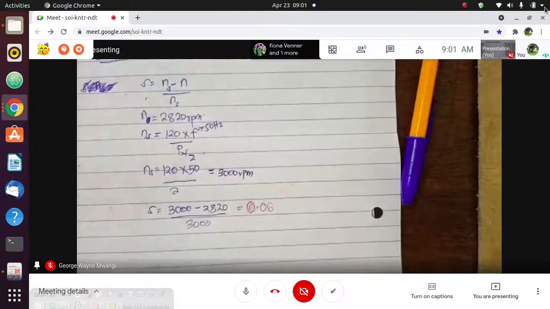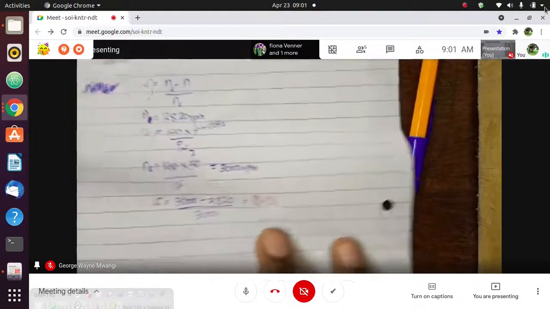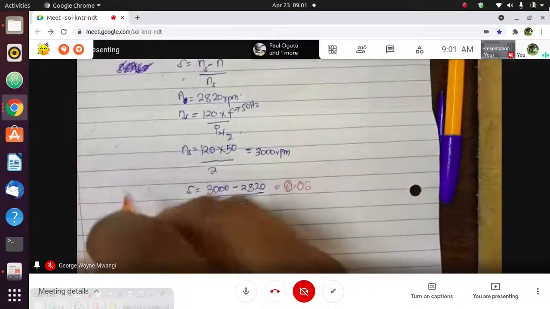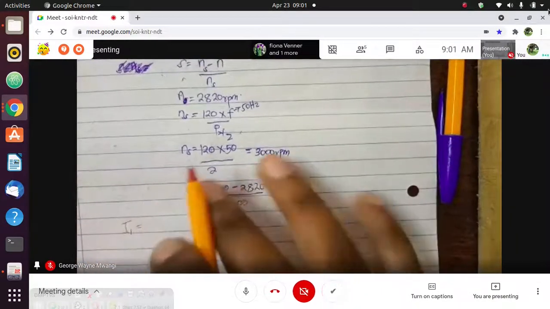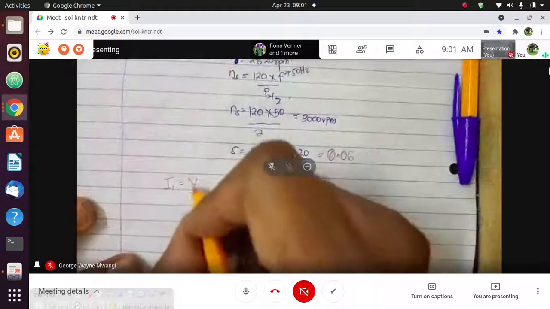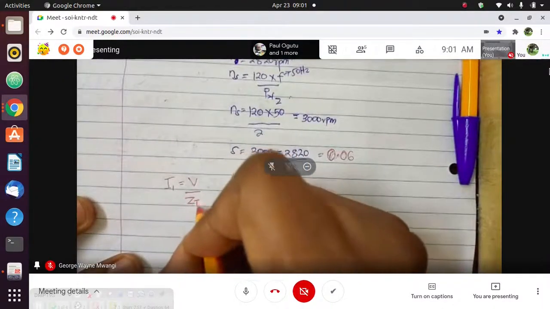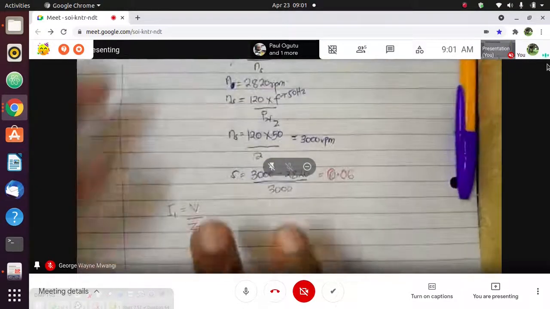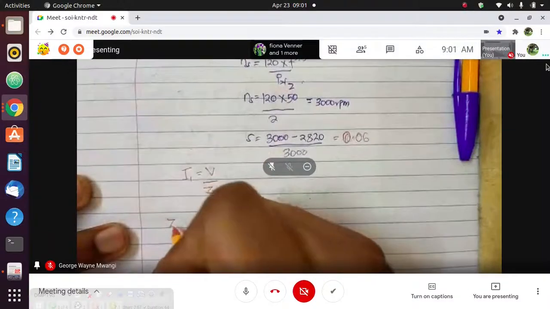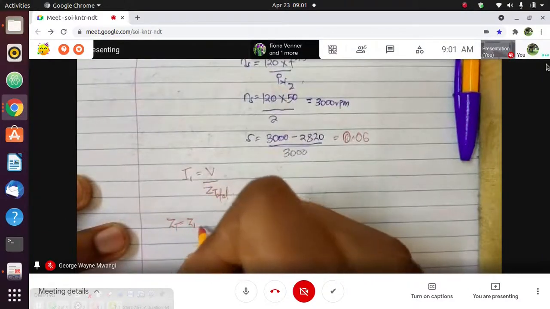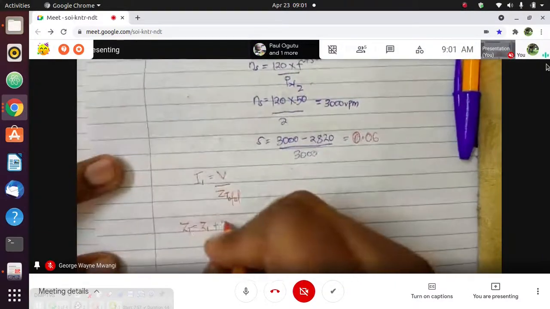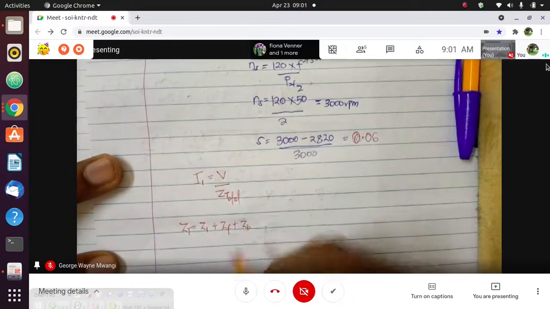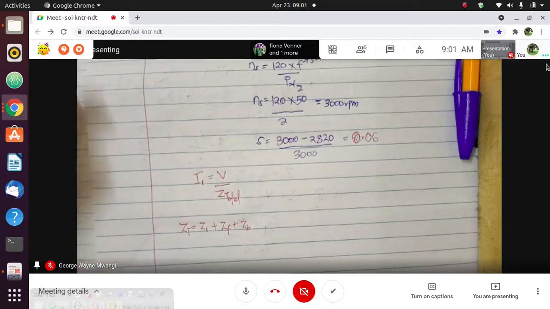Now the stator current I1 will be given by the supply voltage V divided by the total impedance in that circuit. The total impedance in that circuit will be given by the impedance in the stator plus the impedance due to the forward moving flux plus the impedance due to the backward moving flux.